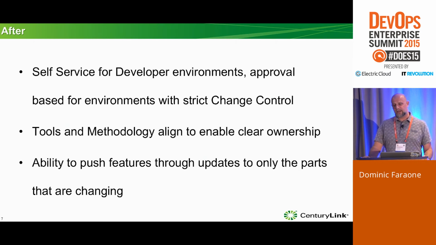In the environments where we have more of a strict change control, or there's more exposure, somebody's got a deadline and they don't want you to push code into their environment that's going to take them offline, we have approval-based pushes, or time-based, a nightly that updates an environment. But we have preceding environments where we've already vetted the code, right?